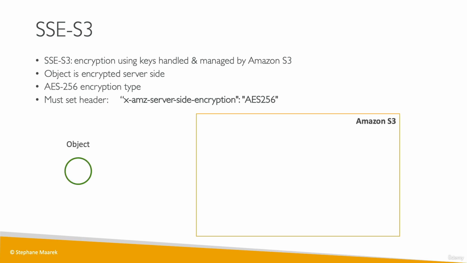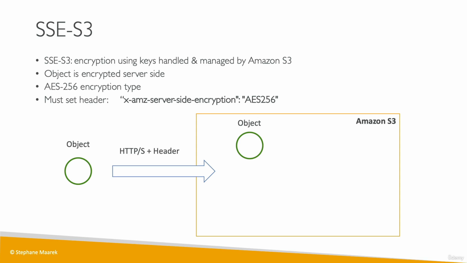So let's have a look. We have an object and it is unencrypted. We have it right now, and we want to upload it into Amazon S3 and perform some SSE-S3 encryption. So for this, we're going to upload the object onto Amazon S3. You can use the HTTP protocol or the HTTPS protocol. And you can add the header that we said, the x-amz-server-side-encryption AES256.